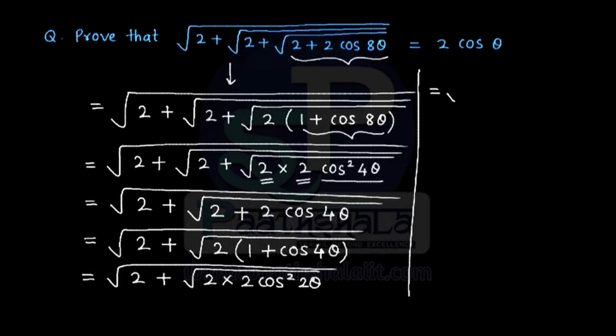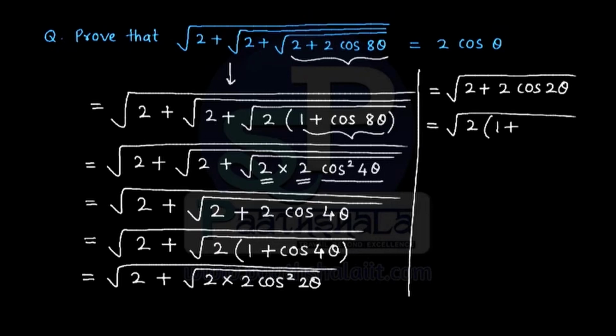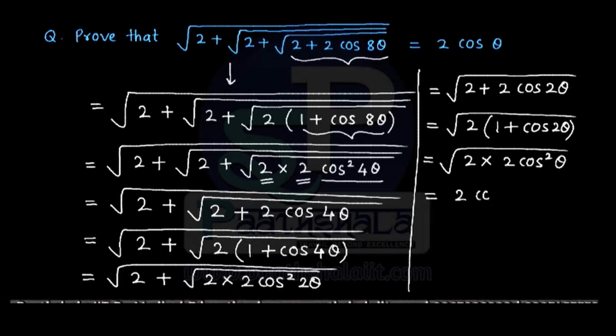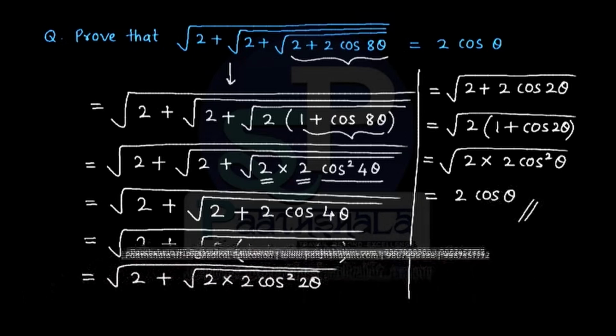That further equals square root of 2 plus 2 cos 2 theta. And lastly we once again take 2 common, and we have 1 plus cos 2 theta, which can be simplified to 2 cos square theta, and taking the square root, finally we get 2 cos theta as required.